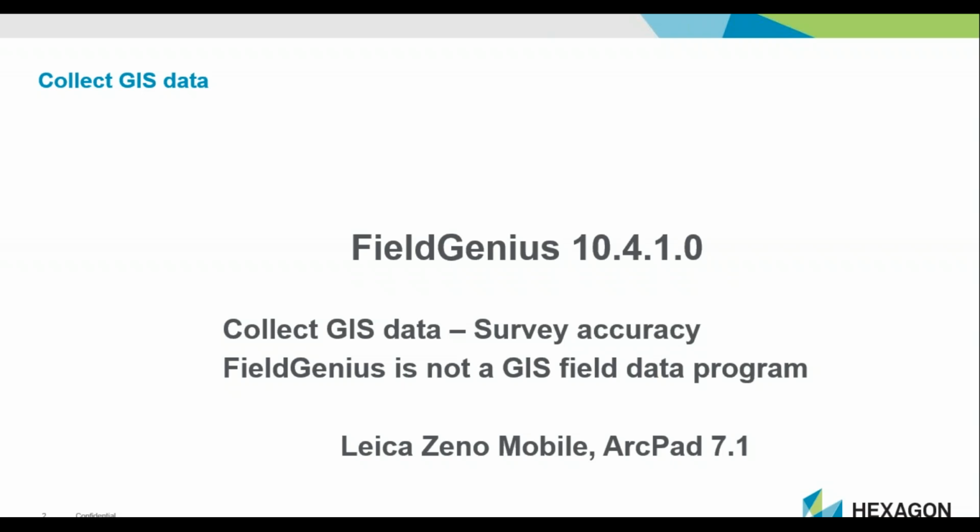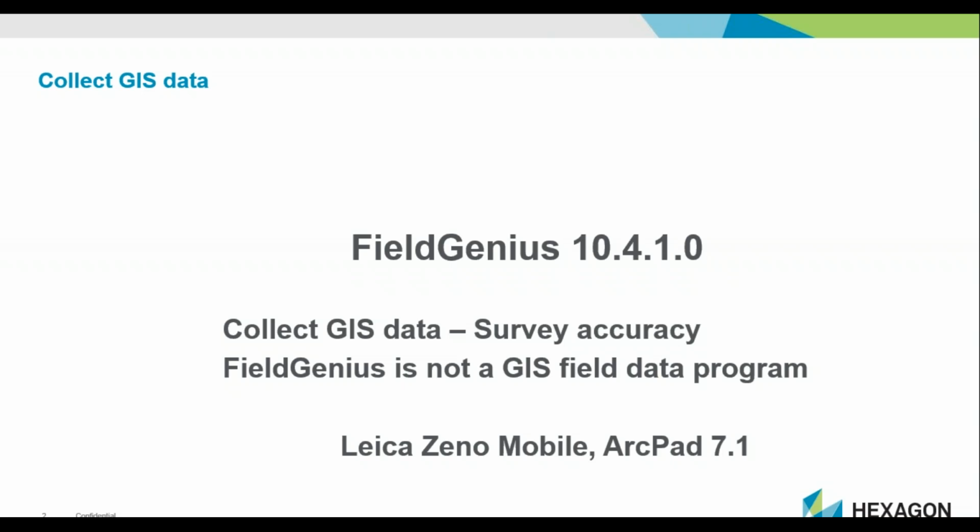Also, of course, in the early days of some of the GIS work, the accuracy was not the same as survey grade. So we did have some users that wanted to collect GIS data at a higher accuracy level, and FieldGenius allowed them to do that.